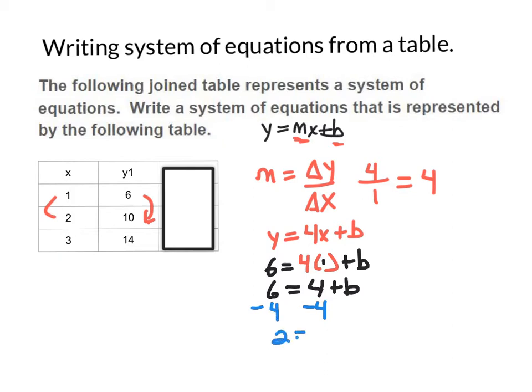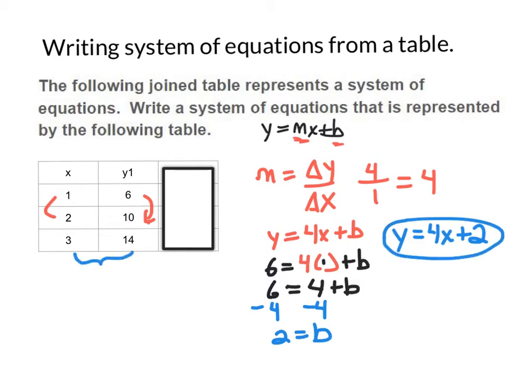Now we know that b is equal to 2. So we can rewrite our equation as y equals 4x plus 2. That is one of our equations. This equation is for this table right here.